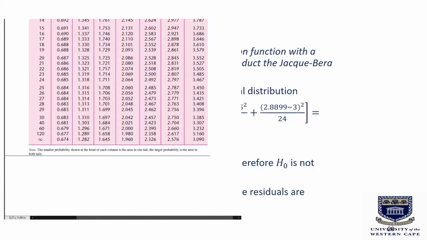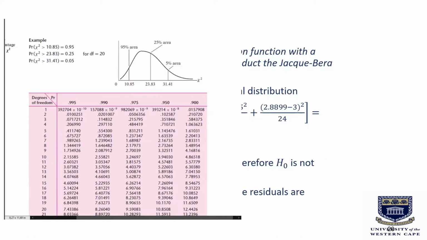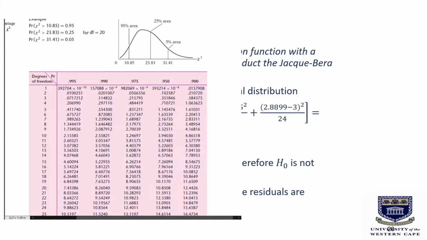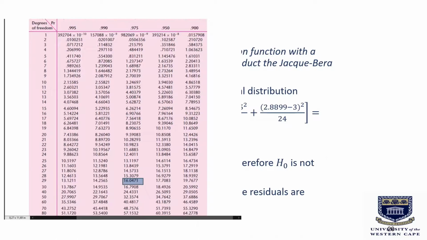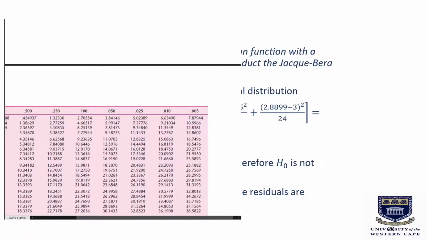So we go back to our table at the back of the textbook, and in this case, remember the degrees of freedom is 2 and the significance level is 0.05. 0.05 is this column over here, and degrees of freedom is 2, so it's the second row, and that gives us a value of 5.99147.